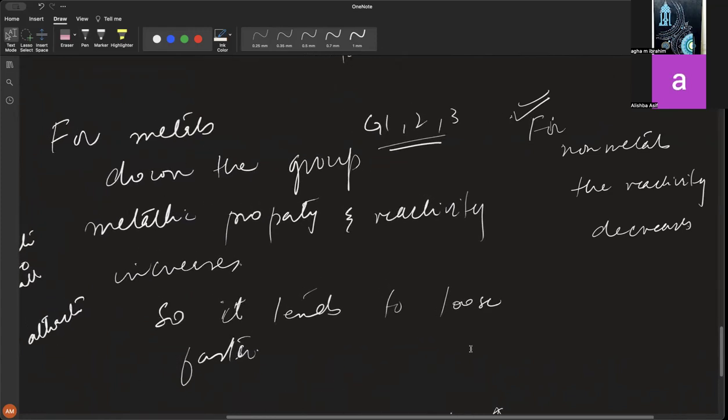Because it's again related to the nuclear charge, right? If you go down, what happens? The size is increasing, the number of shells are increasing for everything, right? For metals, for non-metals, the size increases.